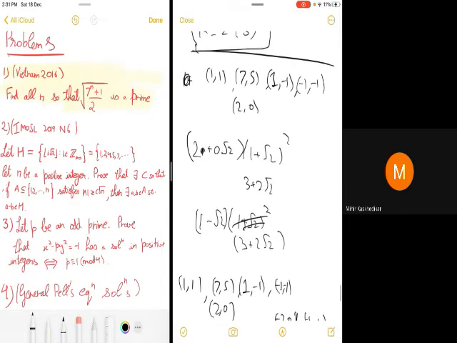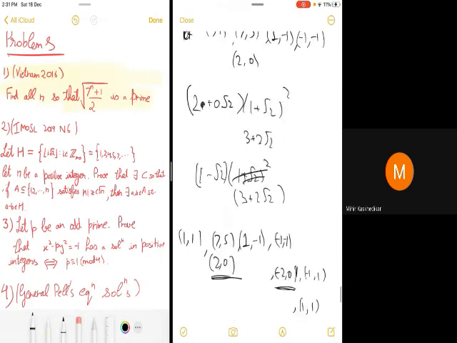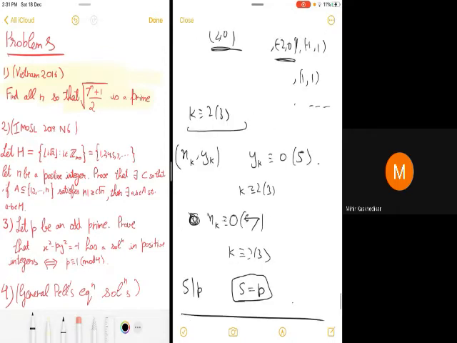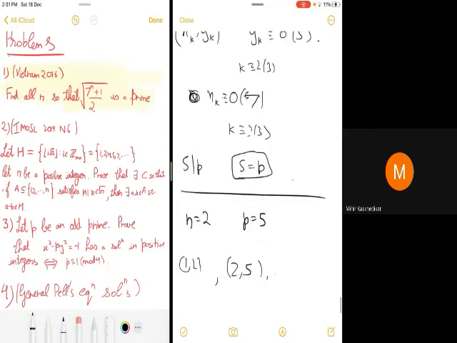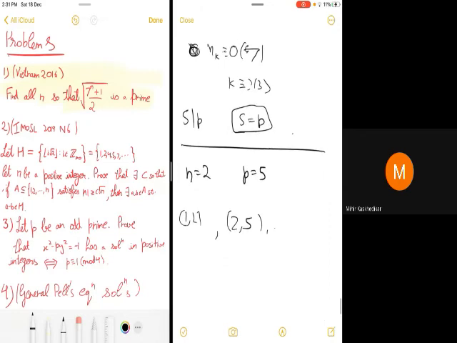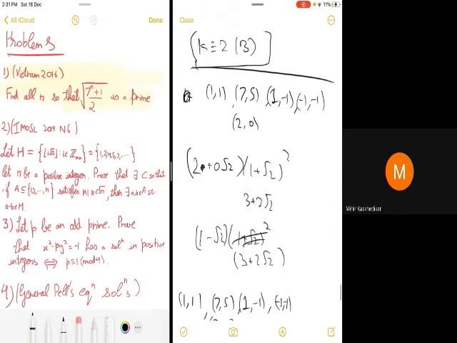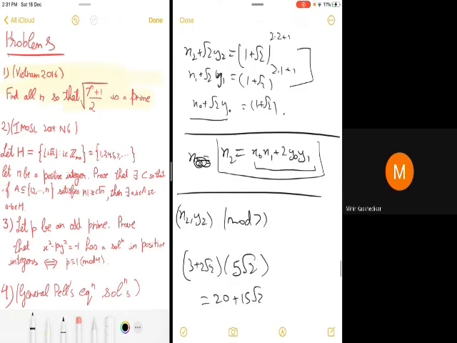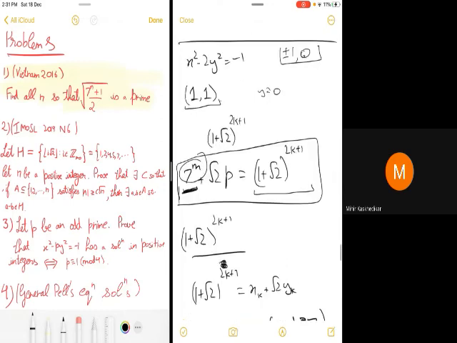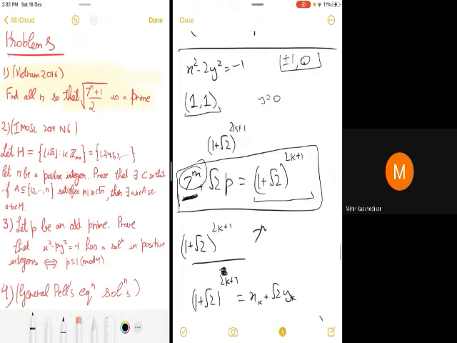What was the motivation of modulo 5? Yeah, so, I don't exactly know, but I think this was very clever actually.